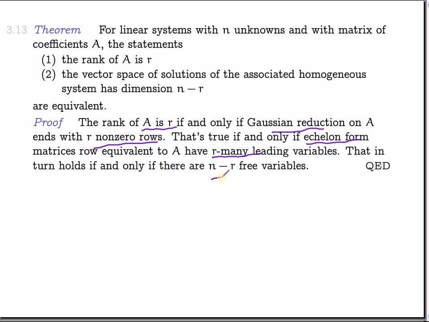That in turn holds if and only if there are n minus R free variables. Okay, so we've explained how n minus R free variables means the associated homogeneous system has dimension n minus R. So again, keep in mind the picture of the reduced echelon form, and that clarifies why these two are equivalent.